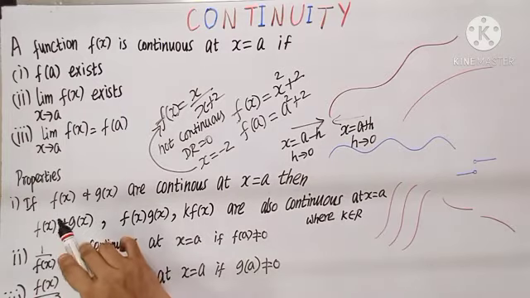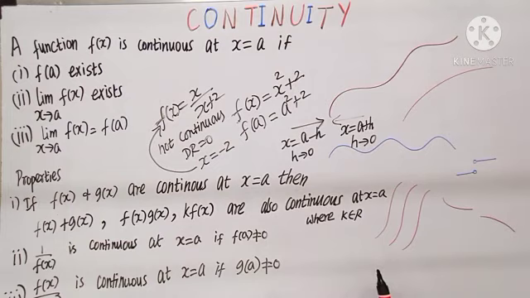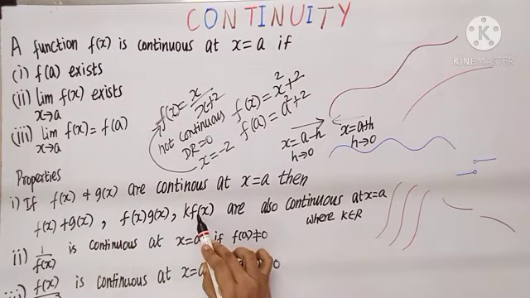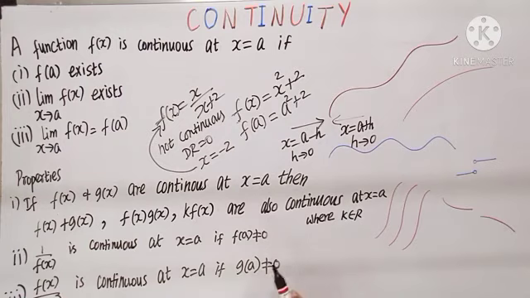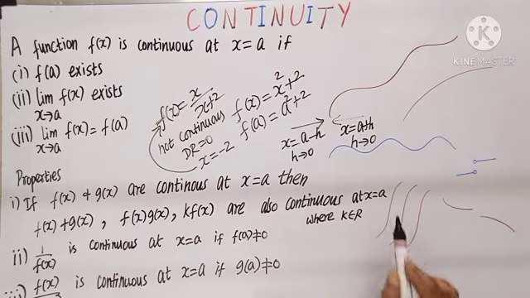So adding the two functions, or multiplying the two functions, or multiplying the function by a scalar, say 2, 3, 4, like that, all these cases I will declare to be continuous at the point x equal to a.